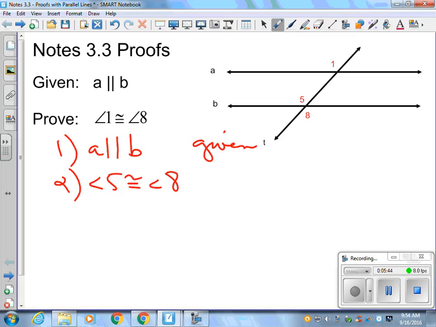Vertical. See, vertical angles are congruent no matter whether you have parallel lines or not. So that's a really good thing to start with because you don't have to have parallel lines to know that one. And the reason is vertical angles are congruent. That's the name of the theorem. That's what the theorem says.